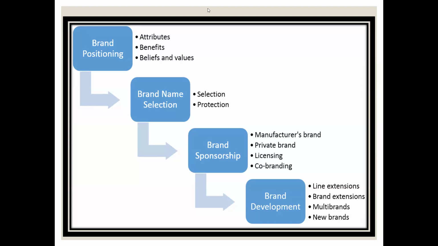What you want to have in your brand, whether it can be your name or your initials. If your initials are your name, it can be your signature. It can be a combination of the first letters of your first name, middle name, and surname, whatever it is. So think of all the possible attributes, and think of the benefits. What are the benefits you're going to get out of it? And finally, beliefs and values.